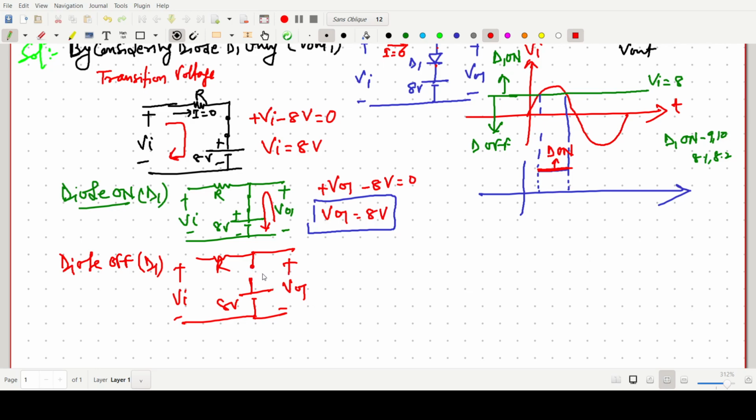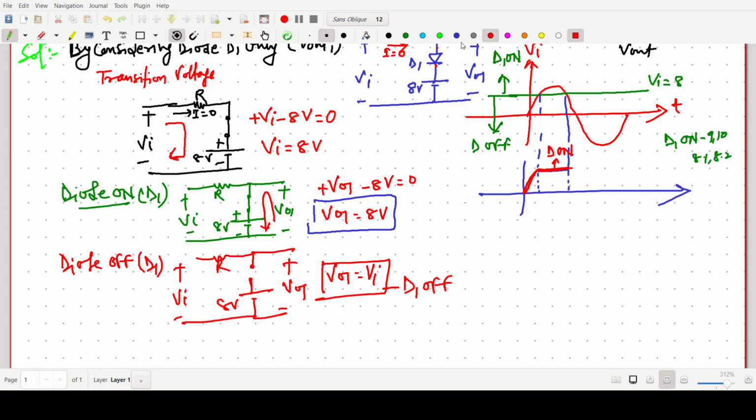During that time V naught 1 is Vi when diode D1 is off. So the input voltage is the same as the output voltage, and the output voltage follows the sinusoidal signal.